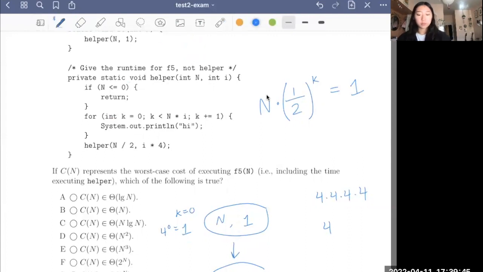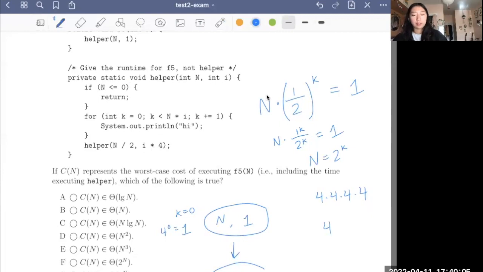And now let's solve this equation. And so we get n times 1 over 2 to the k equals 1, right? Because 1 to the k is just 1. And then let's move this to the other side. So now we get n equals 2 to the k.